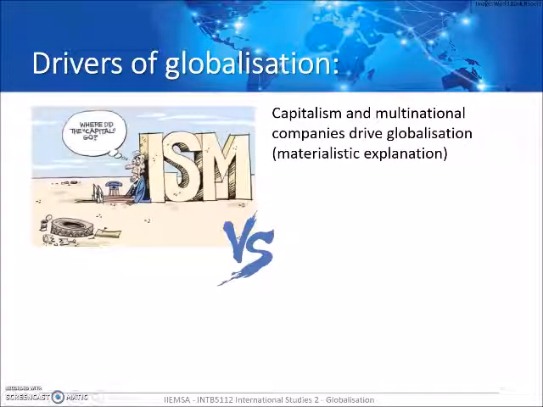Now, there's different concepts also with regards to what drives globalization, right? One of them is considered to be capitalism and multinational companies, right? Because they have been expanding, the free market has led to a need of companies growing, companies accessing more and more resources, companies being able to produce in countries where labor is cheaper. So there's one current of academics that argues that capitalism and the expansion of multinational companies has been the main driving force of globalization, which is a materialistic explanation, right?